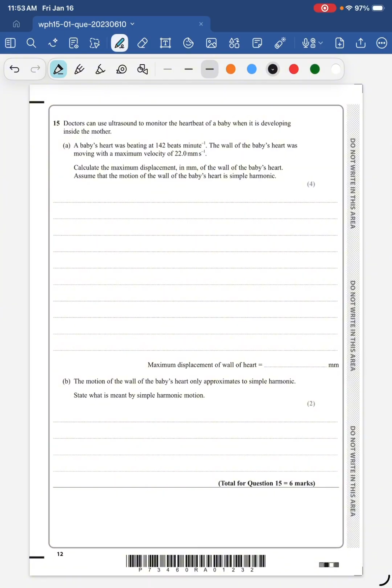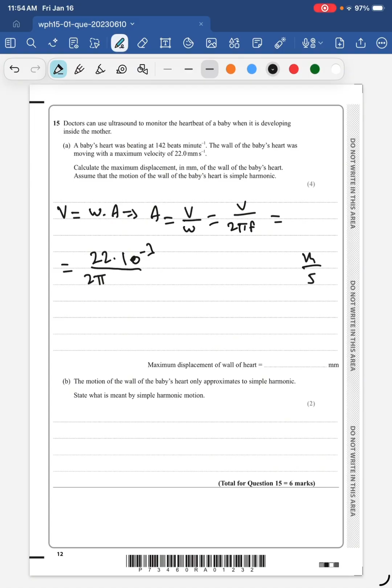I think this is probably easier than it sounds. So the velocity is omega times the amplitude, right? So the amplitude is equal to the velocity over omega, which is equal to the velocity over 2 pi times the frequency. So we're given the velocity, which is 22 times 10 to the negative 3 meters per second. And then 2 pi, and what's the frequency? 142 beats.